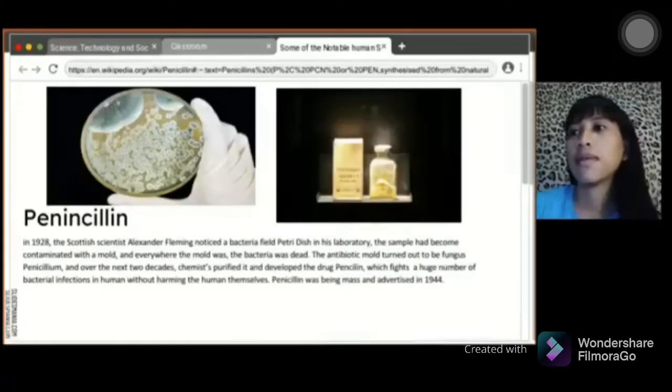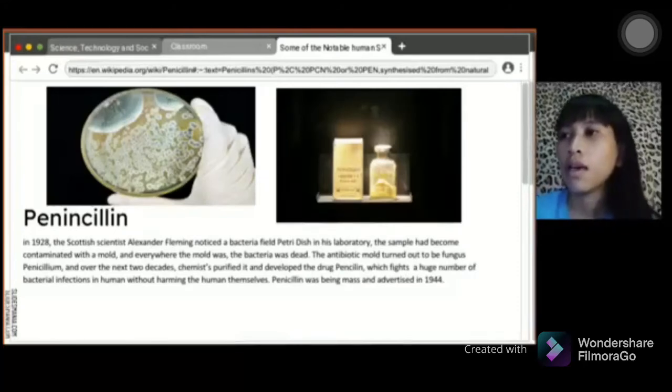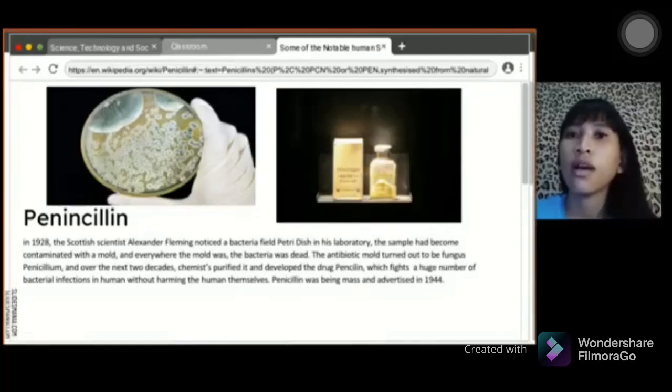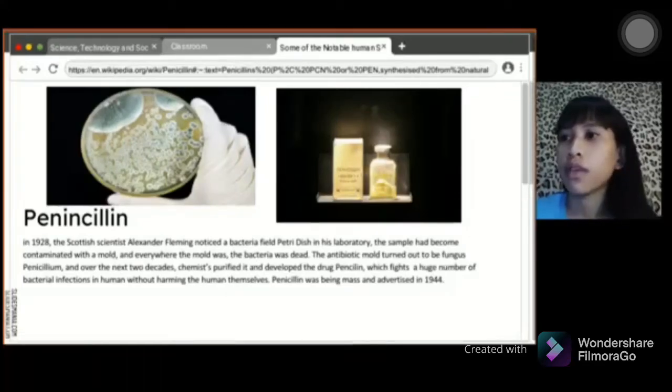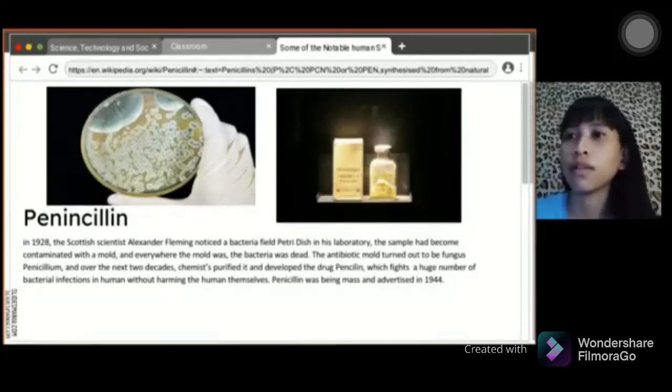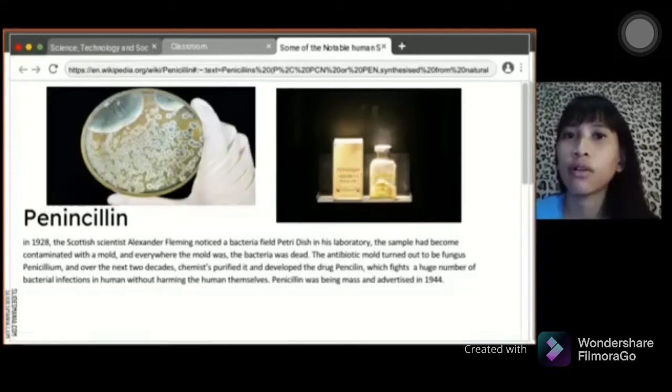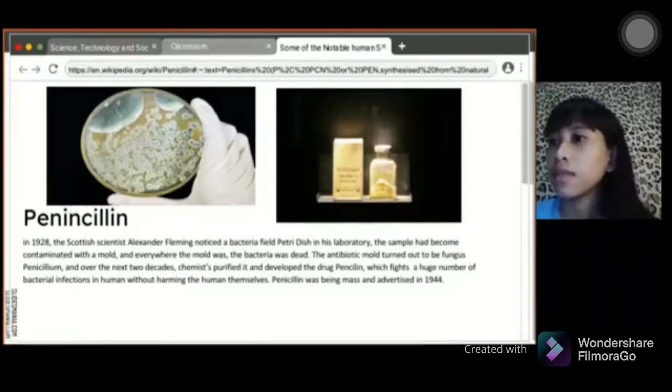The next is penicillin. In 1928, the Scottish scientist Alexander Fleming noticed a bacteria-filled petri dish in his laboratory. The sample had become contaminated with a mold, and everywhere the mold was, the bacteria was dead. The antibiotic mold turned out to be a fungus, Penicillium.